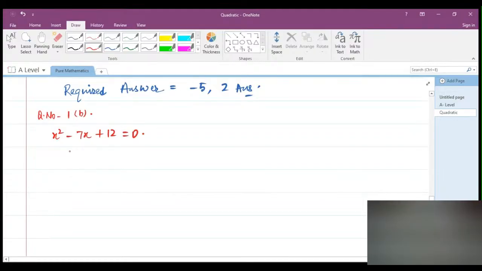Similarly, we solve this question. So let's see the solution of this question.